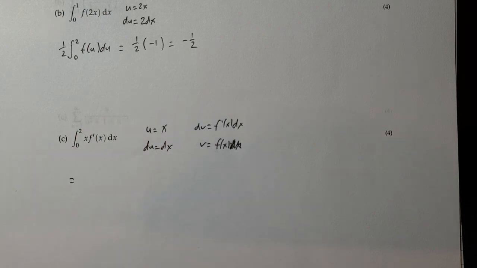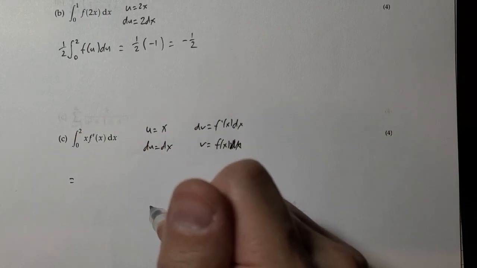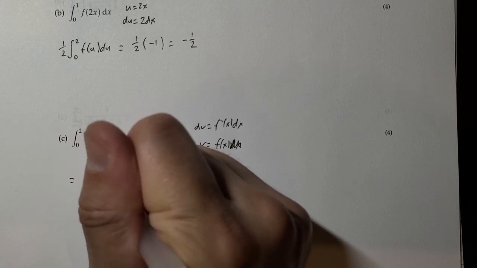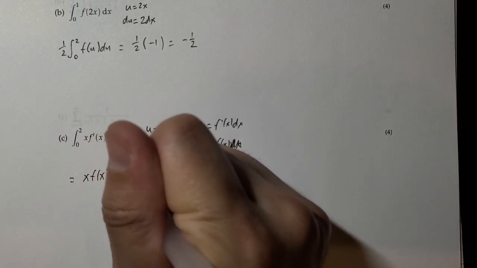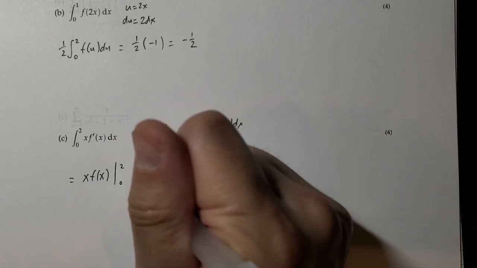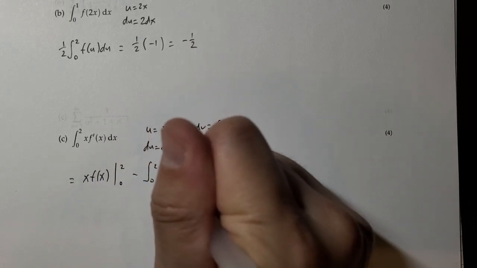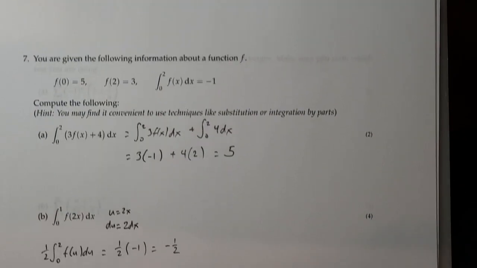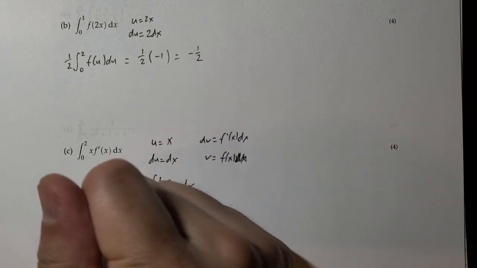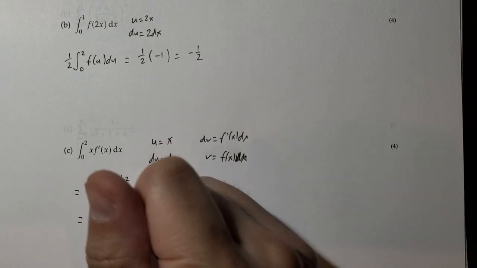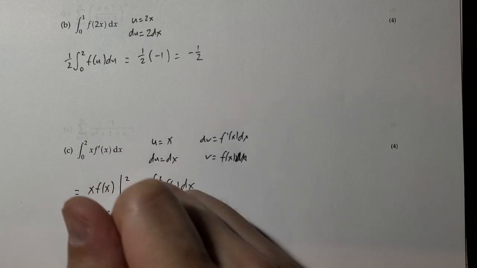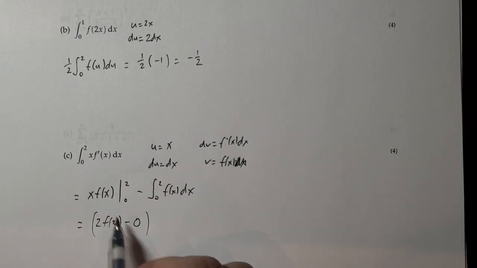So integration by parts, we would get uv minus integral of v du: x f of x evaluated from 0 to 2, minus the integral from 0 to 2 of f of x dx. Yep, so this we were given as minus 1. This, on the other hand, will be 2 f of 2 minus 0, after we do the fundamental theorem of calculus.